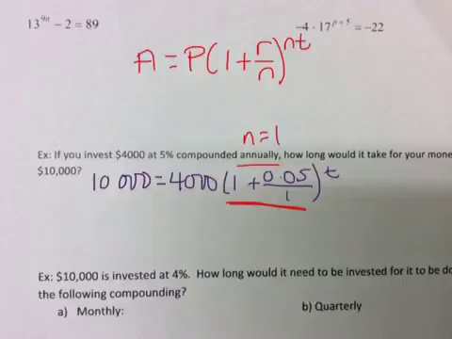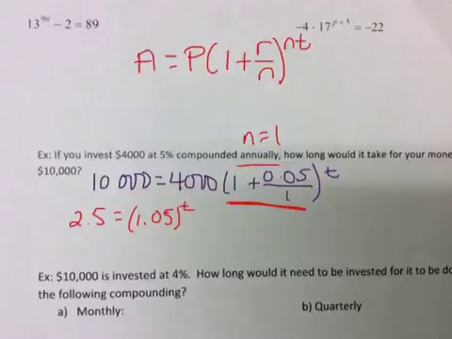It's going to be a decimal, but in this case, a clean decimal, so 2.5. If I had to round and stuff, I'd probably leave it as 10 over 4, but I don't have to. And I'm going to clean this up and do 1.05 to the power of t.